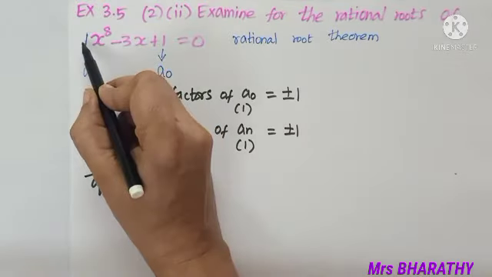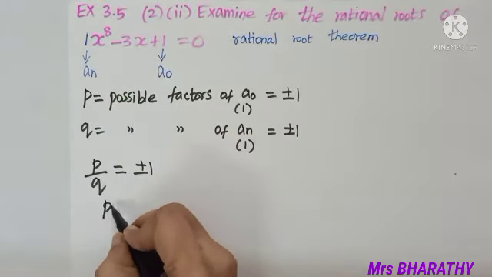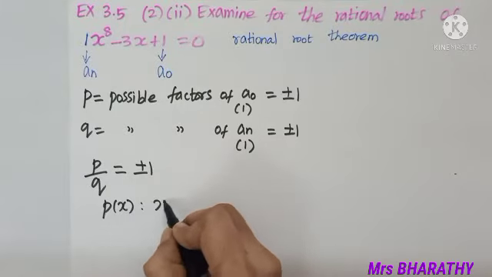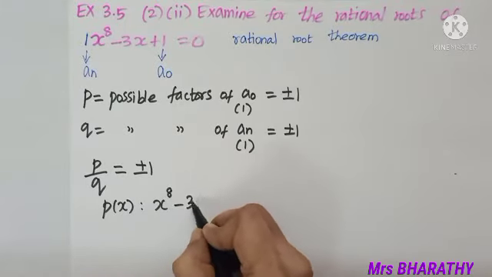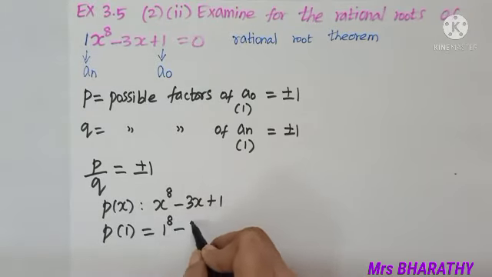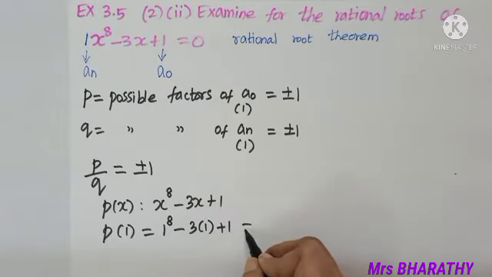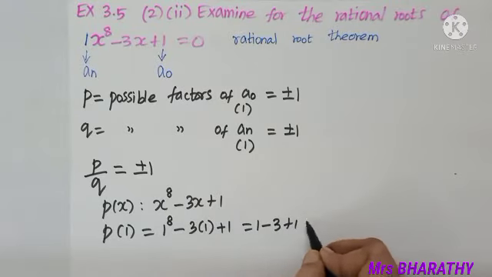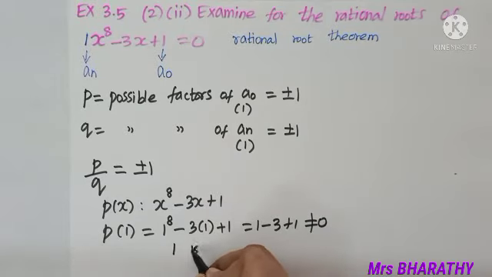So let us call the given polynomial p of x. That is x power 8 minus 3x plus 1. So what is p of 1? 1 power 8 minus 3 into 1 plus 1. It is 1 minus 3 plus 1, which is not equal to 0. So I will declare 1 is not a root of this equation.